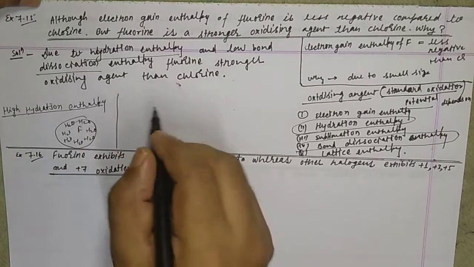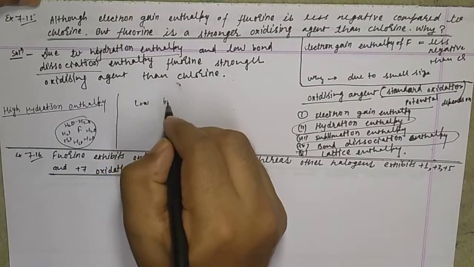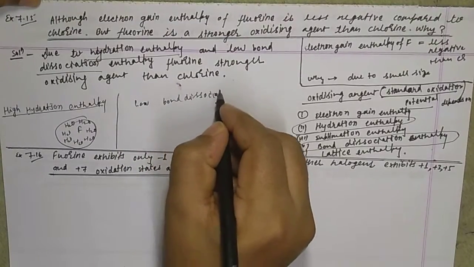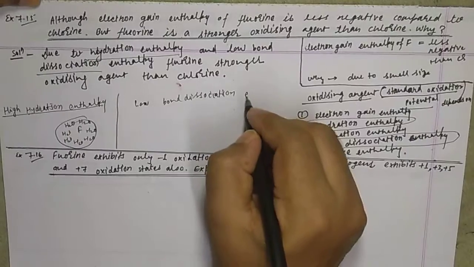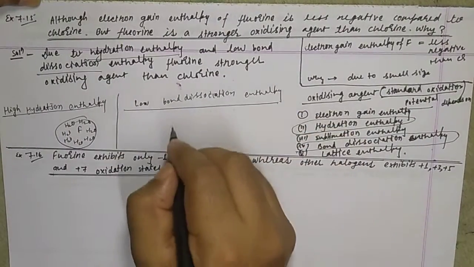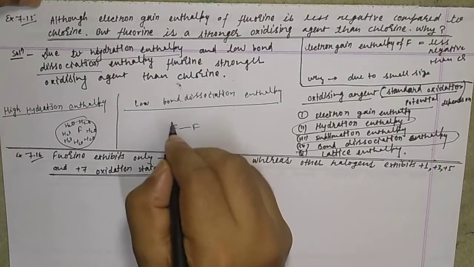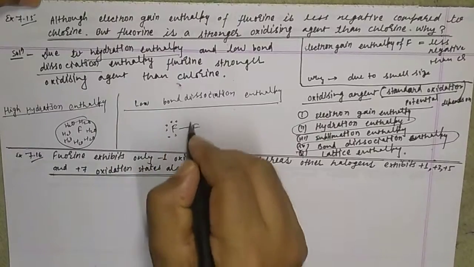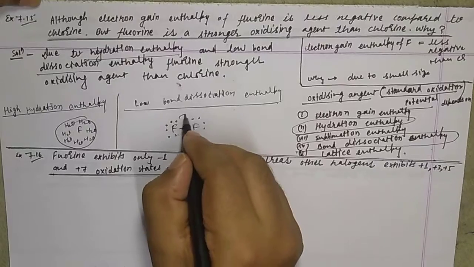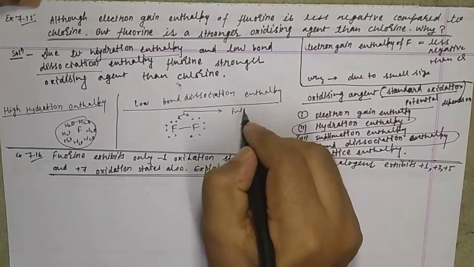The second is low bond dissociation enthalpy. What is the meaning of this? In F-F there is a single bond, and there are three lone pairs of electrons on each fluorine. Since the size is small, there will be interelectronic repulsion.